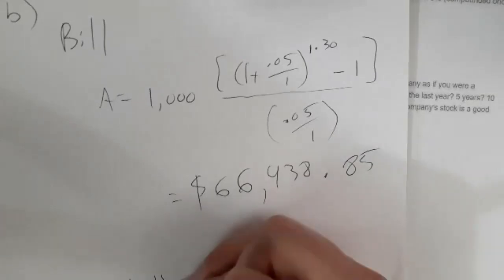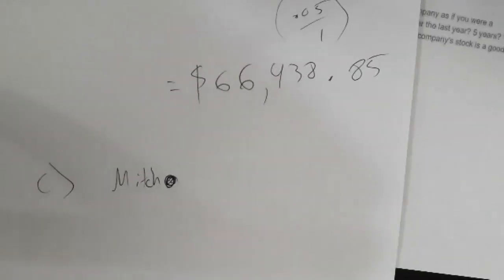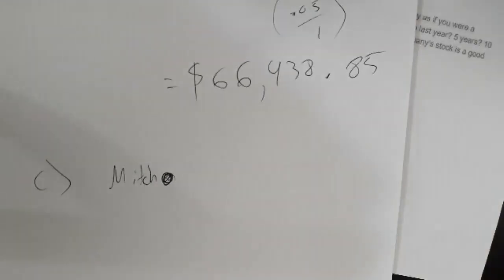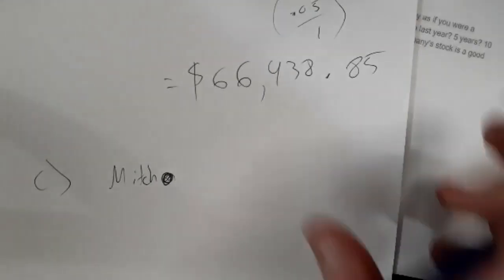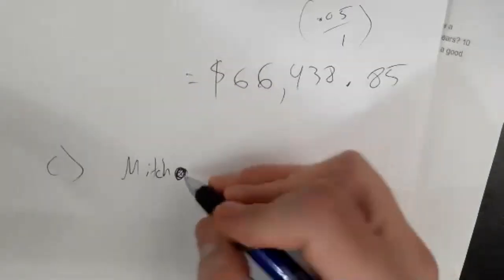I can't spell Mitch anymore. MITCH is Mitch. If Mitch deposits $1,000 for 30 years, how much money has he deposited? Or not for 30, for 10 years. Is that what Mitch was? 10 years. So if he's doing $1,000 for 10 years, how much money does he deposit? 10,000.